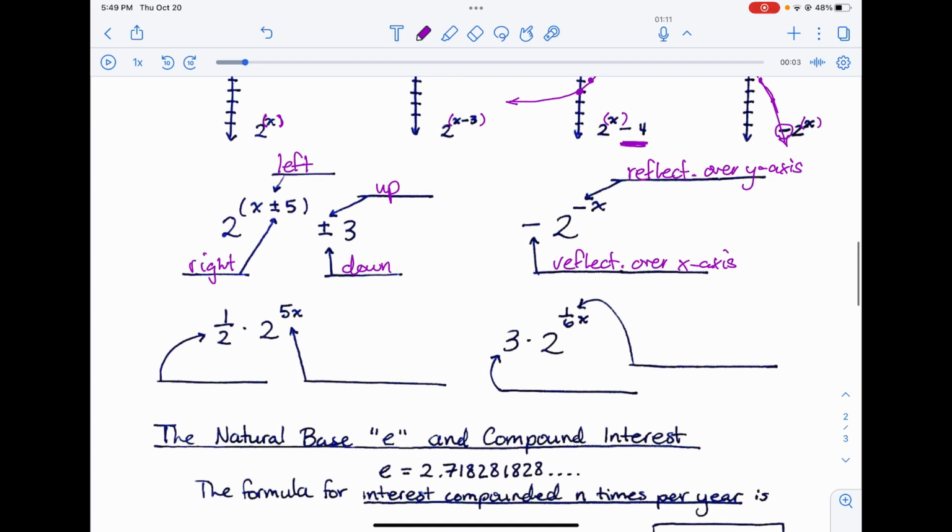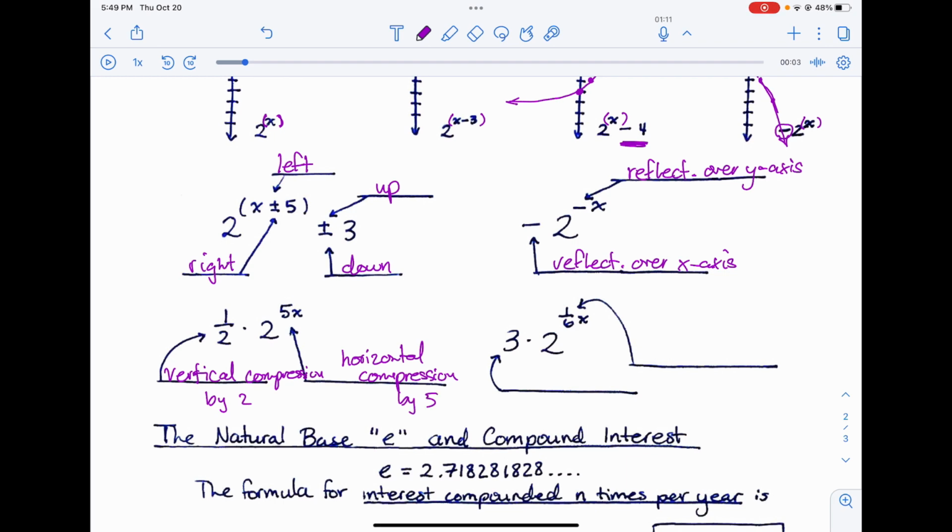And we also have our stretches and compressions here too for these functions. Like this 1/2 over here would be a vertical compression by 2. This 5 would be a horizontal compression by 5.